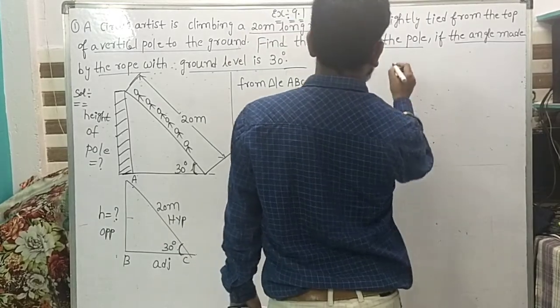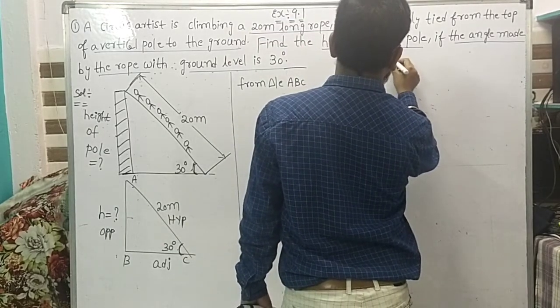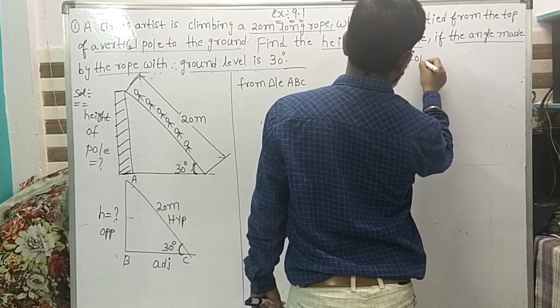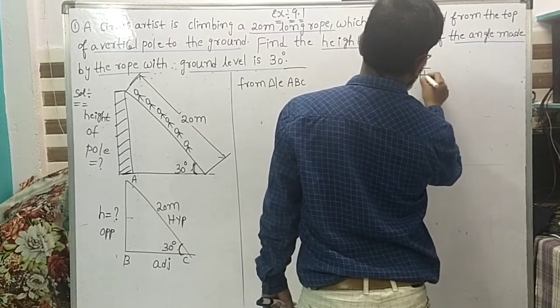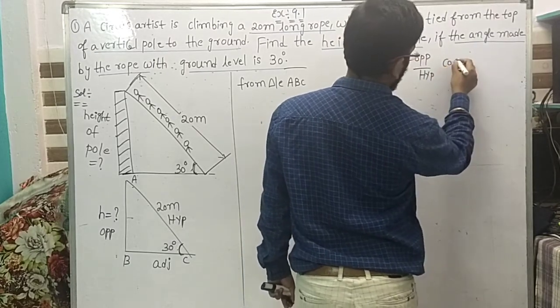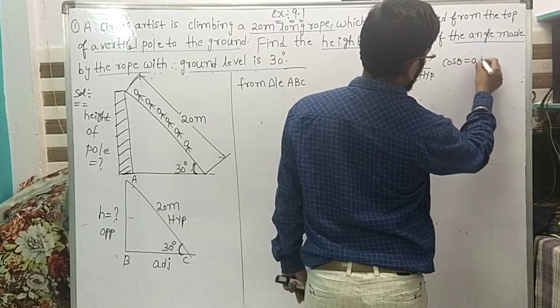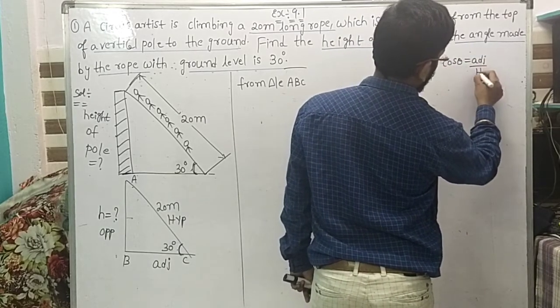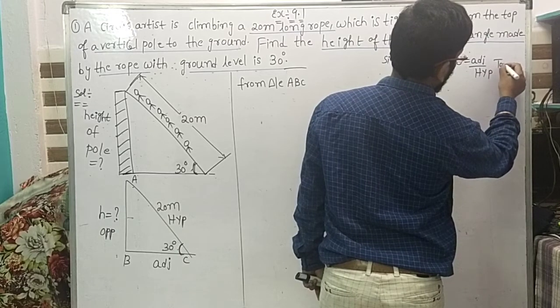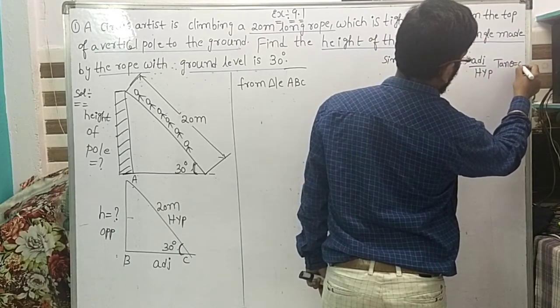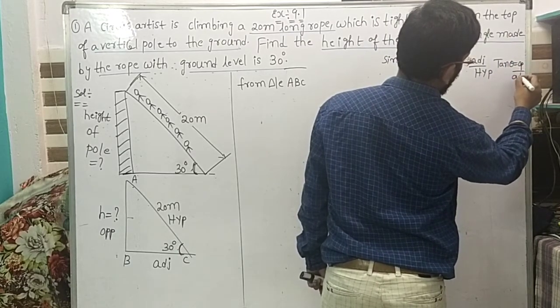See here, I am writing: sin theta is opposite by hypotenuse, cos theta is adjacent by hypotenuse, tan theta is opposite by adjacent.